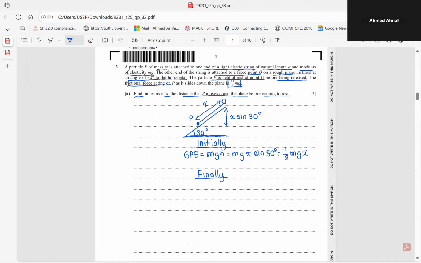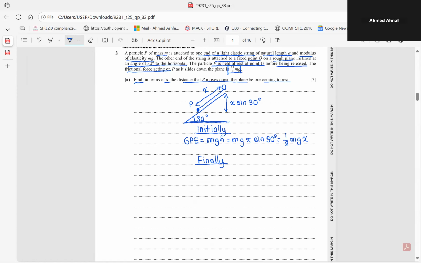The GPE initially is also used to do work against the frictional force as well as convert to other forms of energy, like EPE.